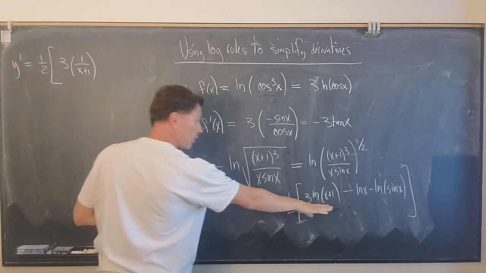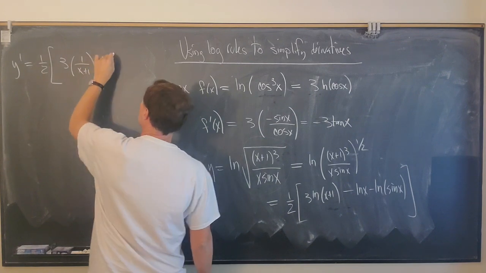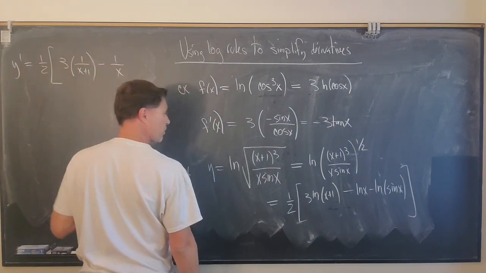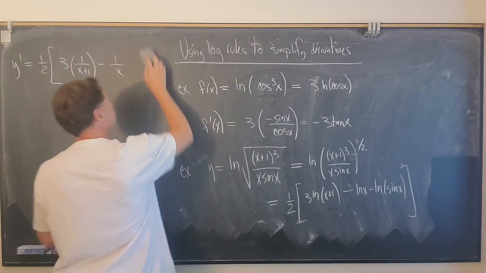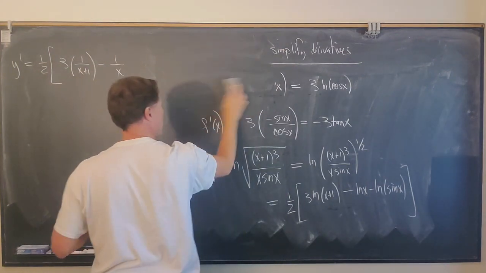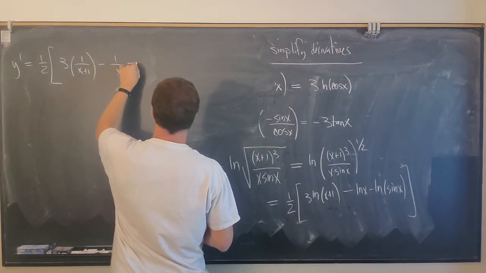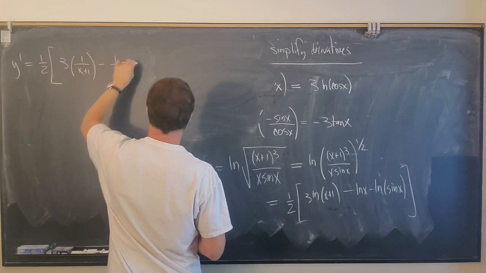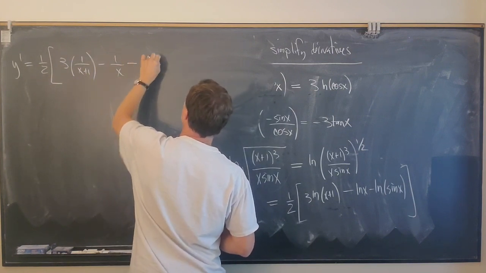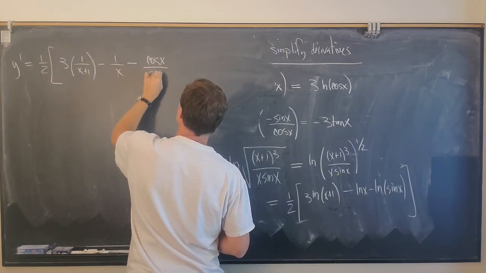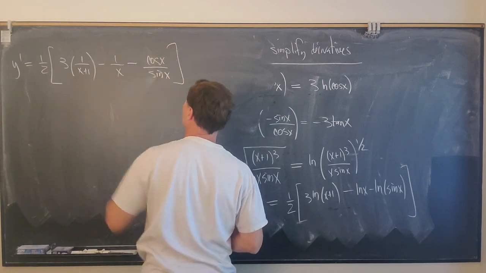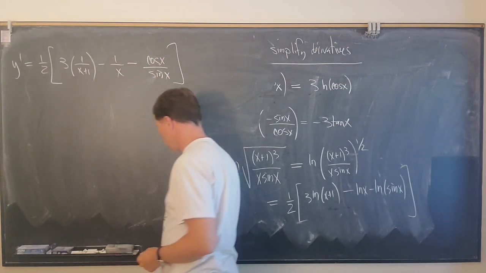That's the derivative of the first piece. Minus 1 over x. That's the derivative of the second piece. And then we have minus cosine x over sine x. That's the derivative of the last piece.